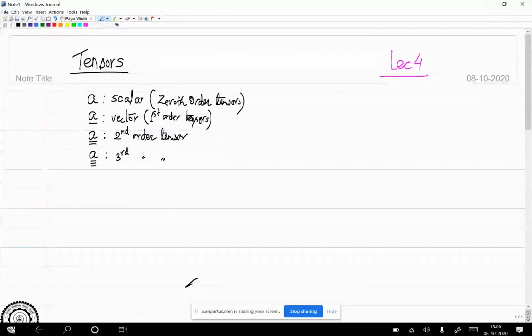In the last class, we saw that any second order tensor, A, for example, can be written as Aij ei tensor product ej, with summation over i and j.